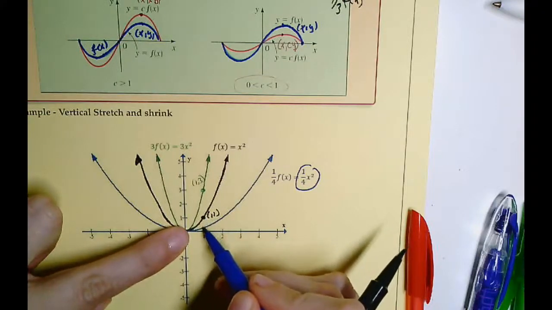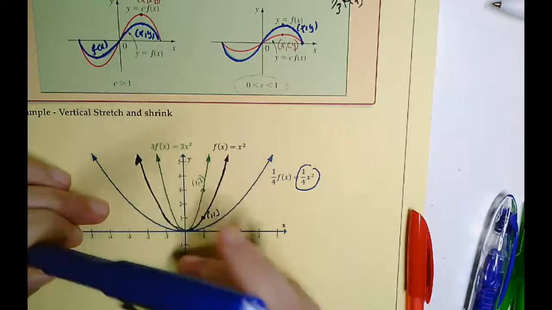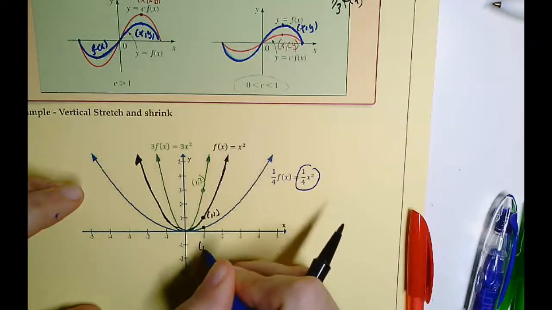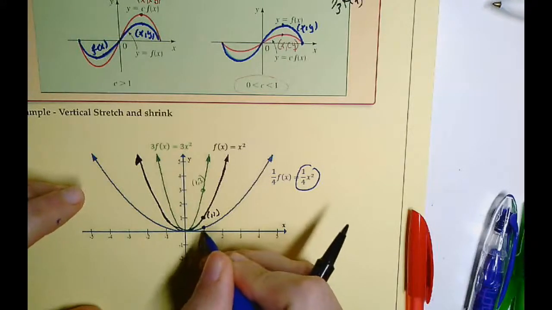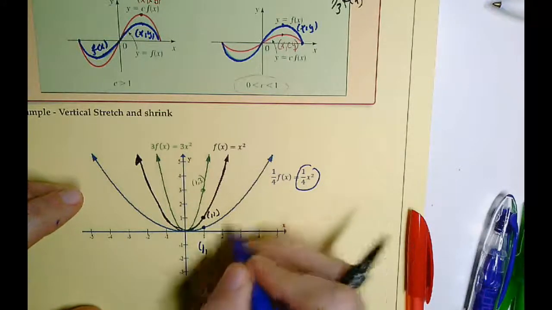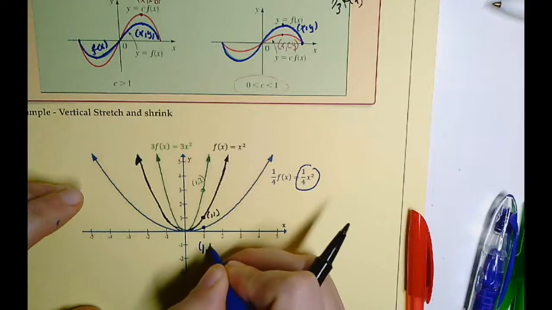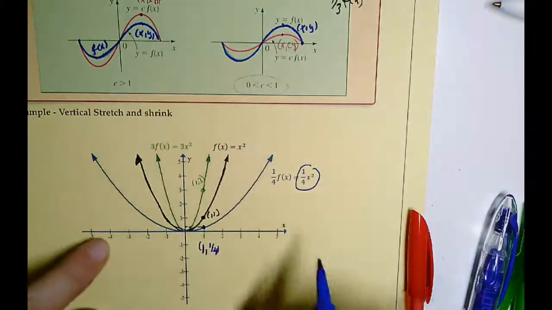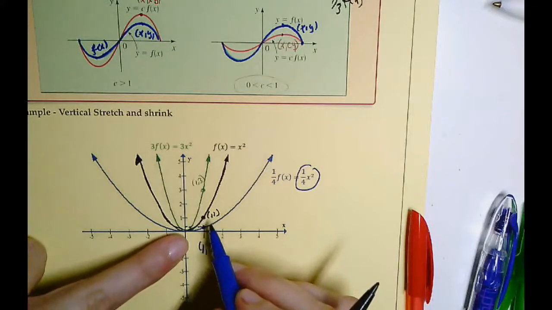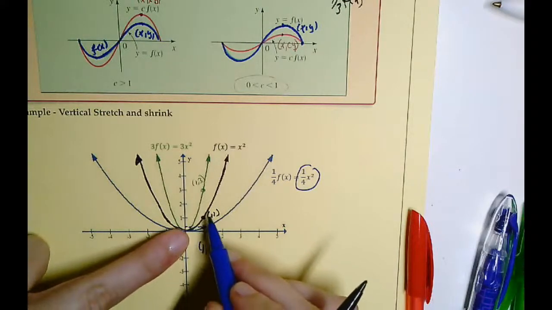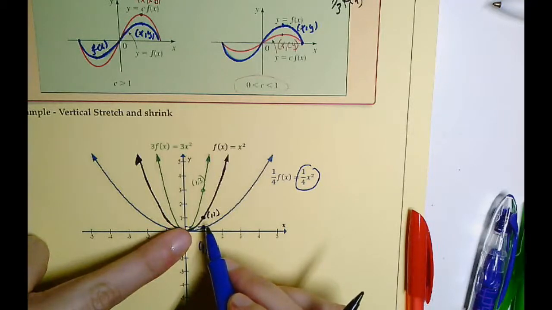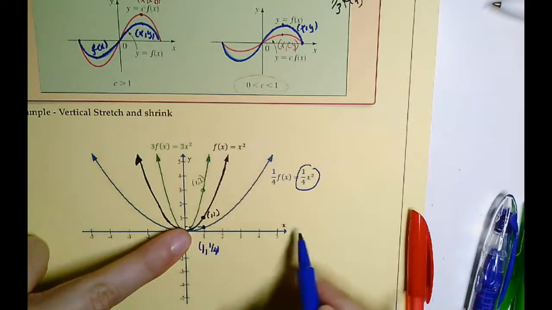So the point 1, 1 is going to go to the point right here, 1, and I multiply the y coordinate by 1/4, so 1 and 1/4, which looks like 1/4 right here, right? Shrinking the graph pulls it towards the x-axis.